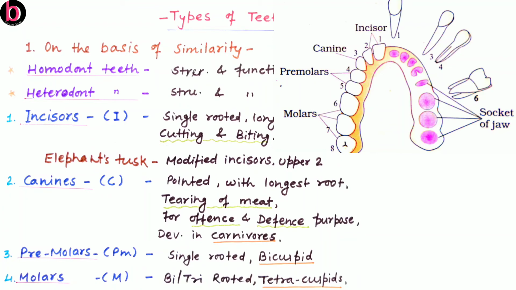There are also a few herbivores that have such teeth. Otherwise, canines are mainly developed in flesh eaters or meat eaters, that is, carnivores. In a number of carnivores, these canines are also known as fangs.